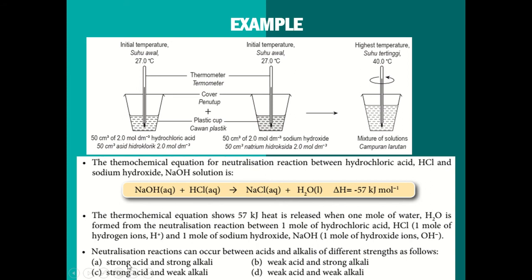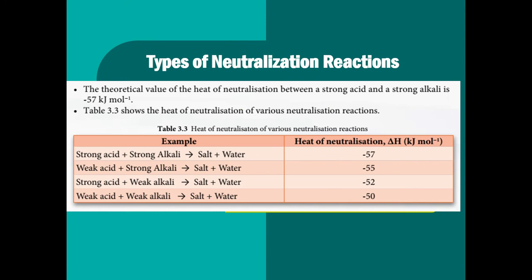Apa itu strong acid, apa itu strong alkali, apa itu weak alkali, apa itu weak acid, you dah belajar during form 4. The theoretical value of the heat of neutralization between strong acid and strong alkali is 57 kJ per mole.